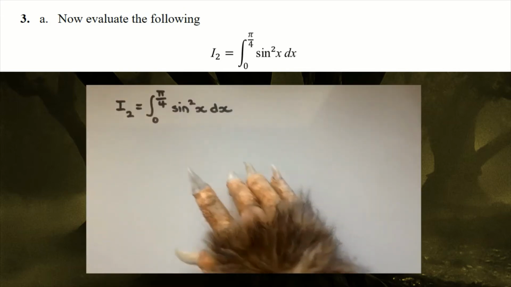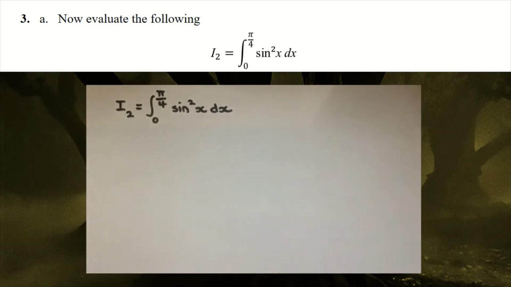Next up, we're integrating sine squared x, and it uses the word now, so there's an implication there that we're going to use a similar process. And the process is the double angle identity, and we're going to use the sine squared version of the cosine double angle identity. Let's write it down first of all.